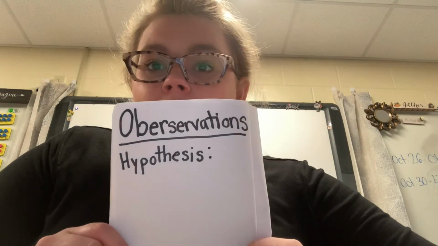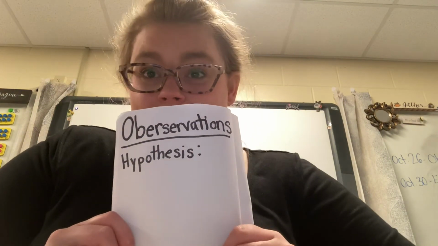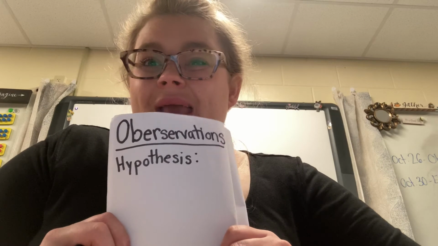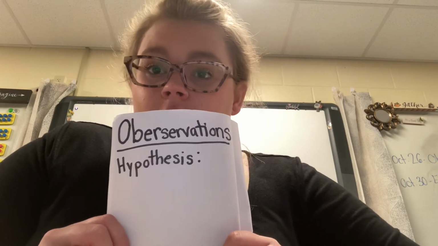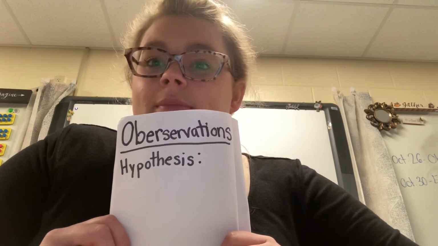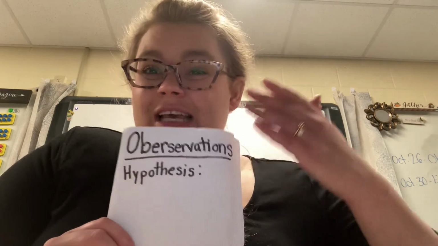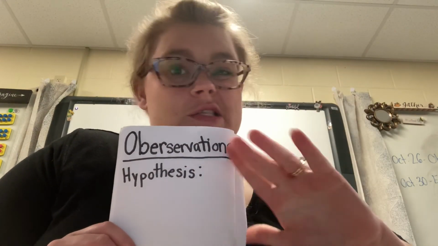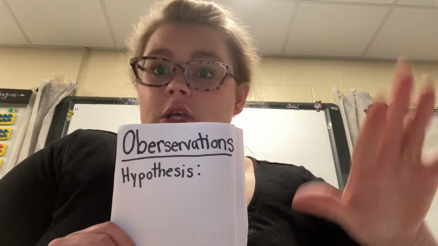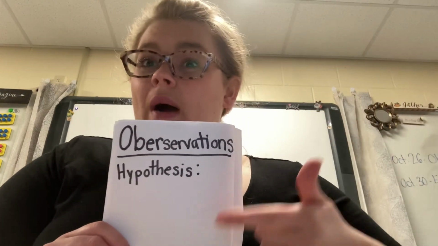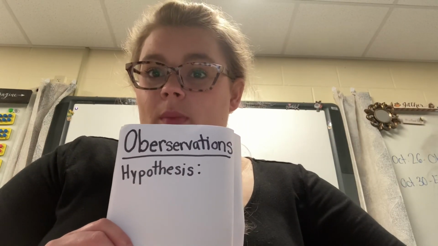Okay, under our hypothesis, we're going to write our guess. I'm going to give you a sentence starter. For your sentence starter, this is something that you can write to get started. What I'm going to write is not a complete sentence, so you have to add to what I write whenever you're making your book.